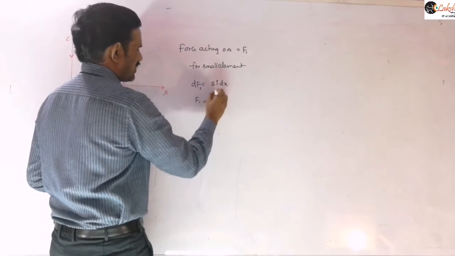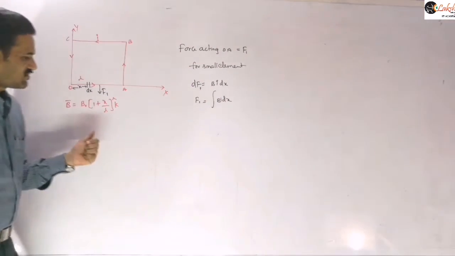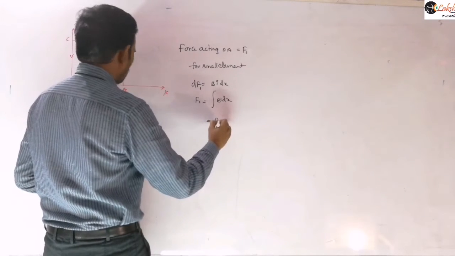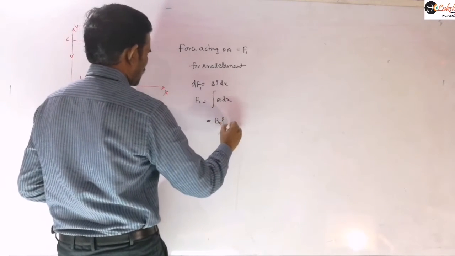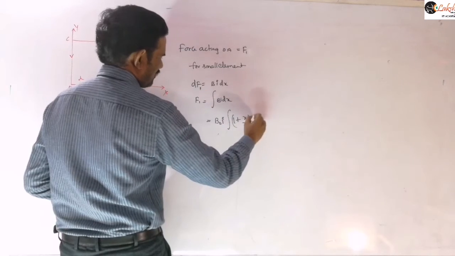Therefore, this F1 is equal to the integral of B into I into dx. Now for B we need to substitute the expression: B naught into I, which you can write outside, integral of (1 plus x by L) dx.